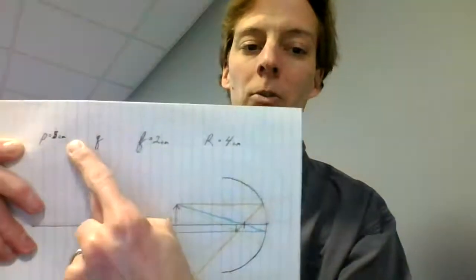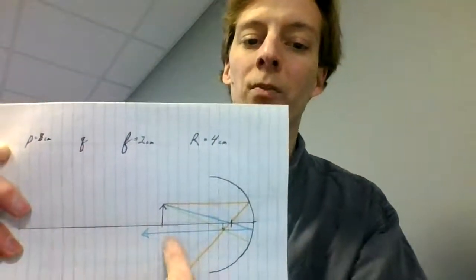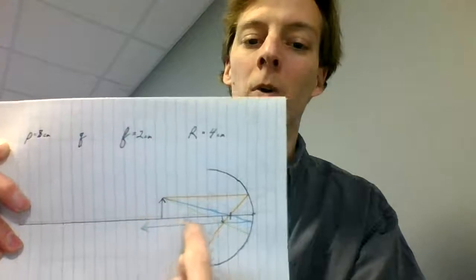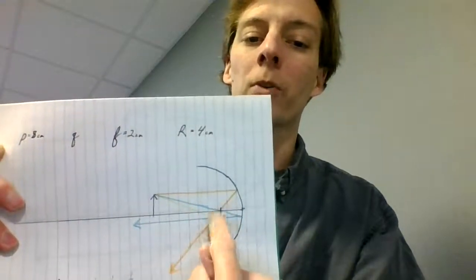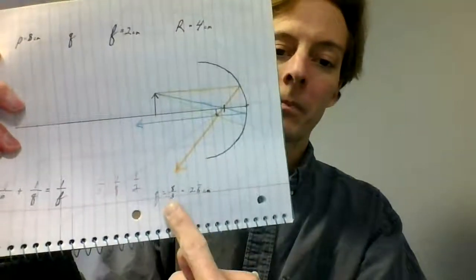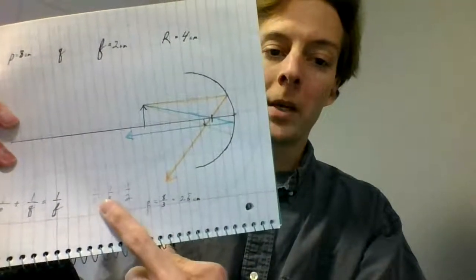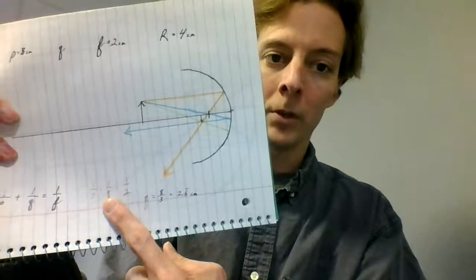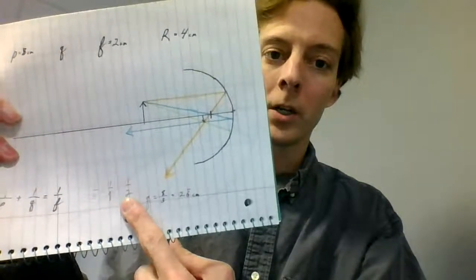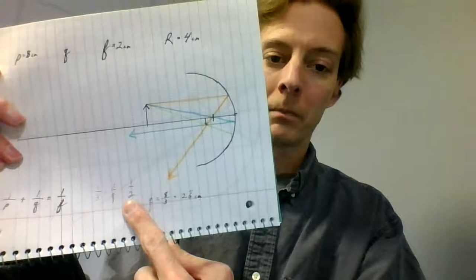The object is 8 centimeters back, 8 centimeters from the mirror. The focal length is 2 centimeters from the focus to the mirror. The radius is 4 centimeters, right? So 1 over P, which in this case is 8, plus 1 over Q, we don't know where the image is, is 1 over 2, 1 over the focal length.